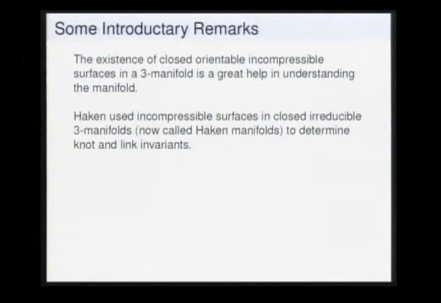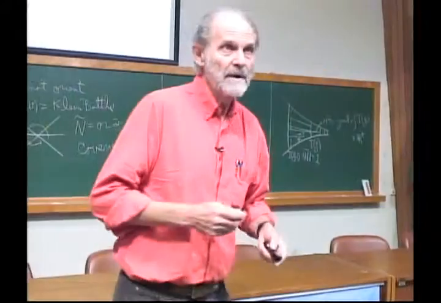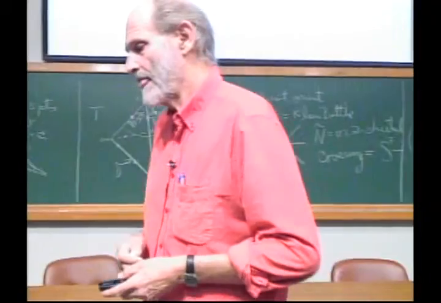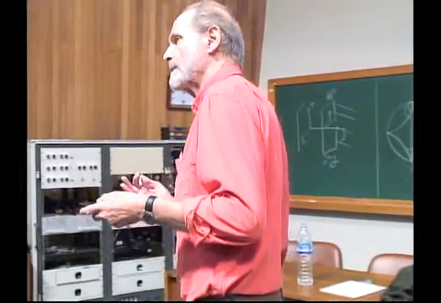Okay. Let me make some introductory remarks about these manifolds N, to understand what I'm doing in minimal surfaces. In three-dimensional topology, when you have incompressible surfaces, then you can begin to understand the topology of the manifolds. And Haken studied manifolds that are irreducible, which means every 2-sphere bounds a ball in the manifold, which contain non-trivial incompressible surfaces.